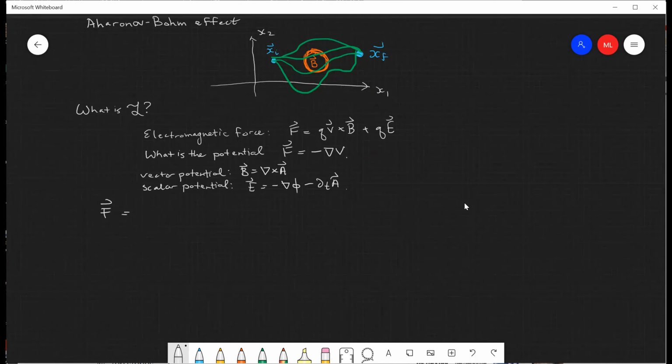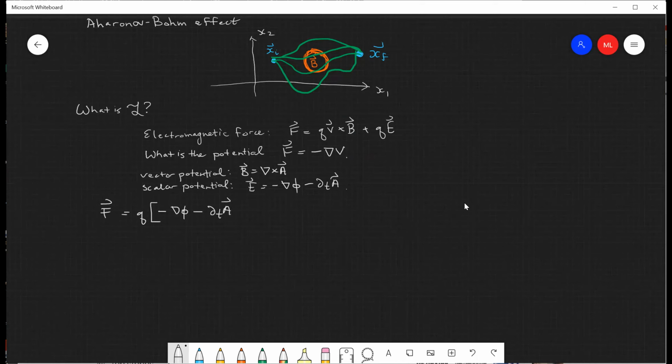The force is going to be the charge. And now you have the part that comes from the E field, which is minus grad phi, minus partial t A vector.